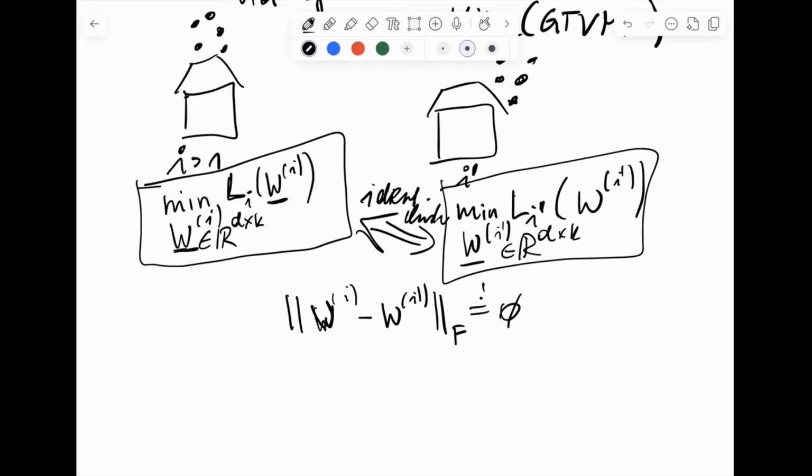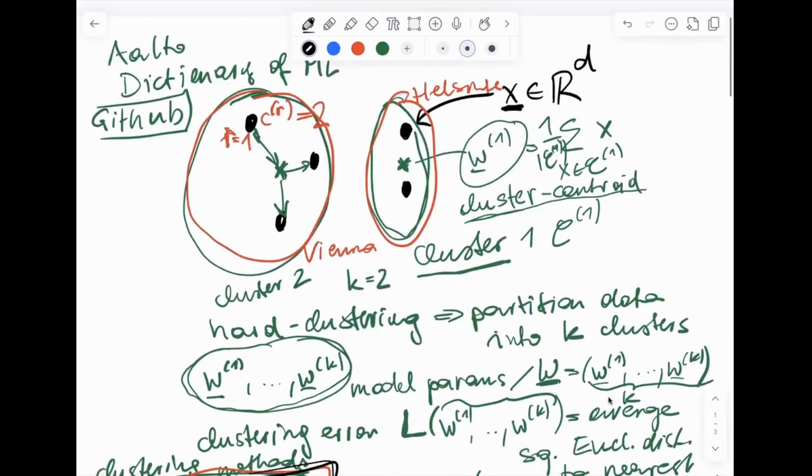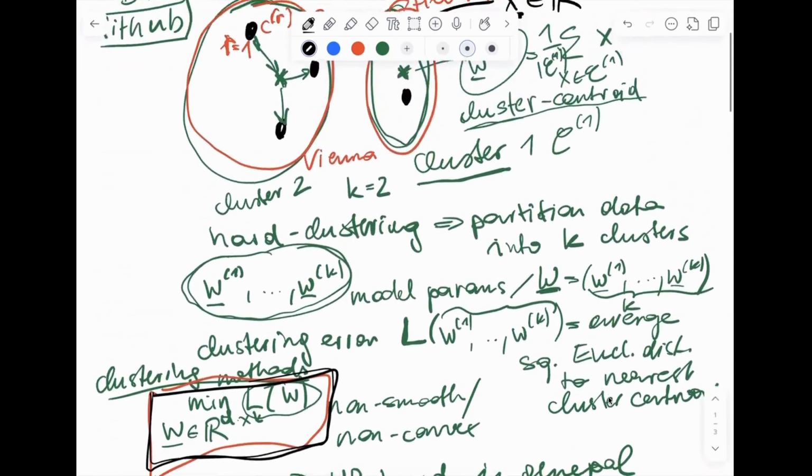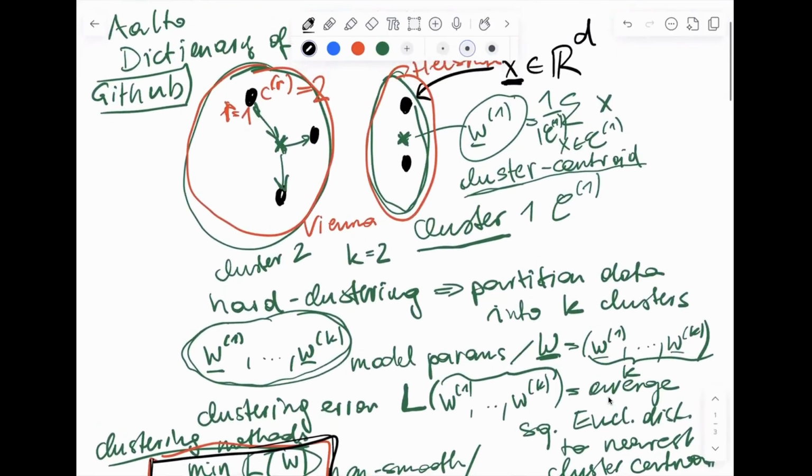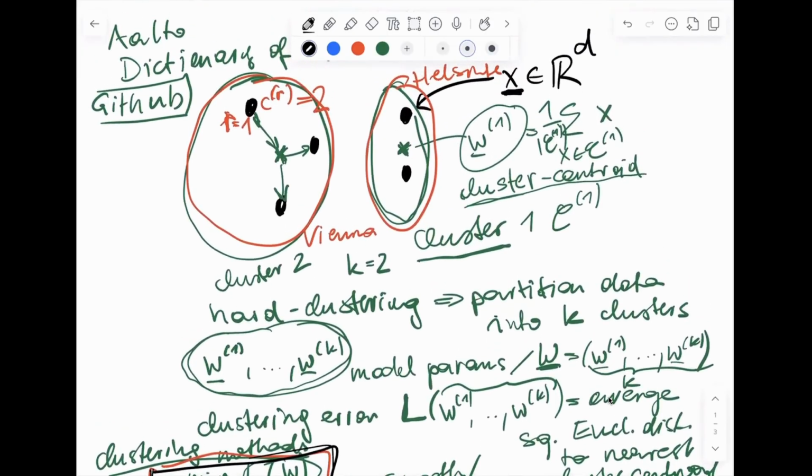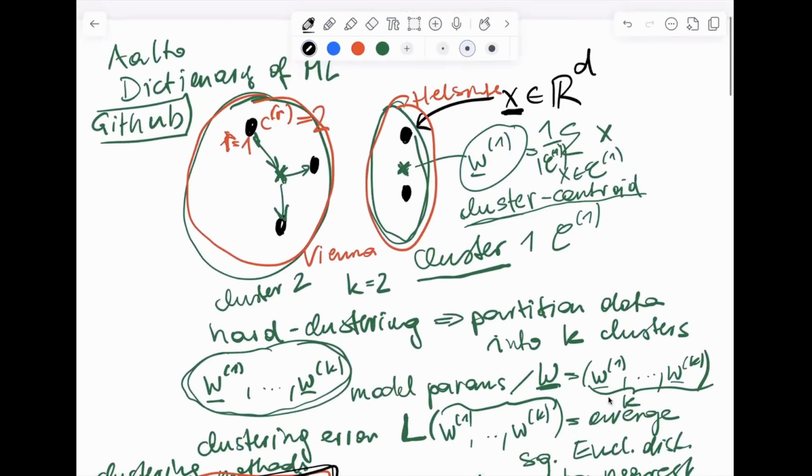What could be a problem in this approach? Why could this be not so useful for clustering? Well, a challenge here in this parameterization is that we have some symmetries, or let's say it's not clear that each one of these local k-means algorithms uses the same numbering of clusters.